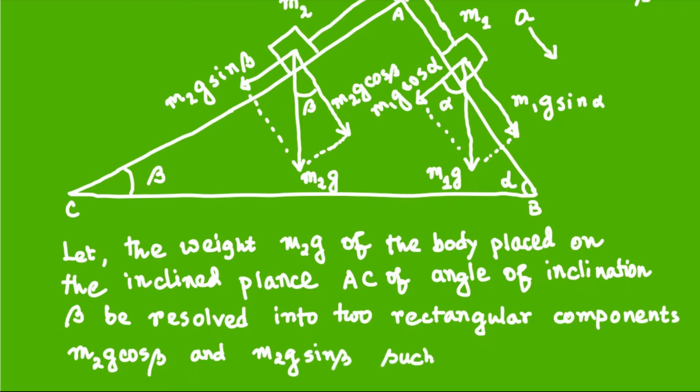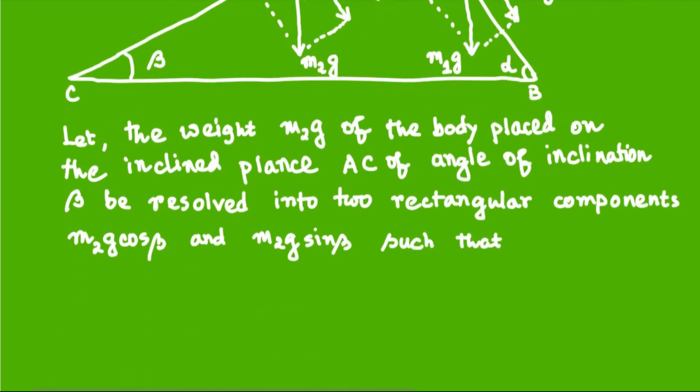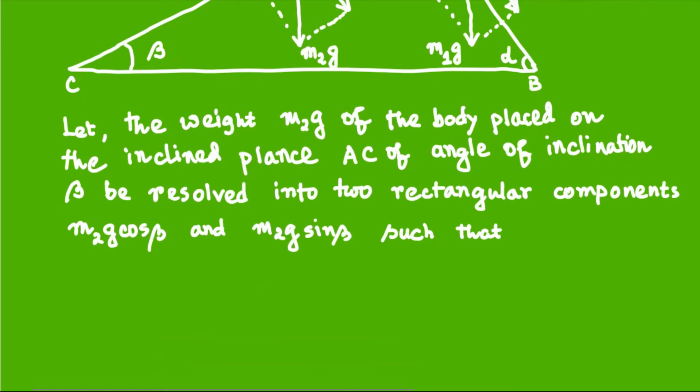such that m2g cos beta is perpendicular to the inclined plane AC, and m2g sin beta will be acting down the inclined plane AC, that means parallel to AC.